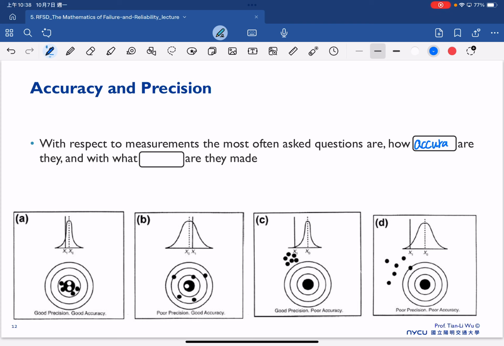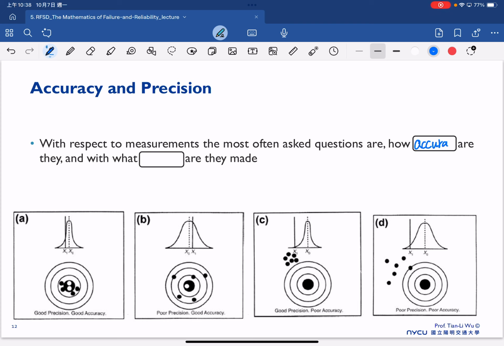But in general, if you look at the center of this distribution, the distance between the target and the center is still small. So we still have the small x1 minus x0. And the third case is good precision, poor accuracy.